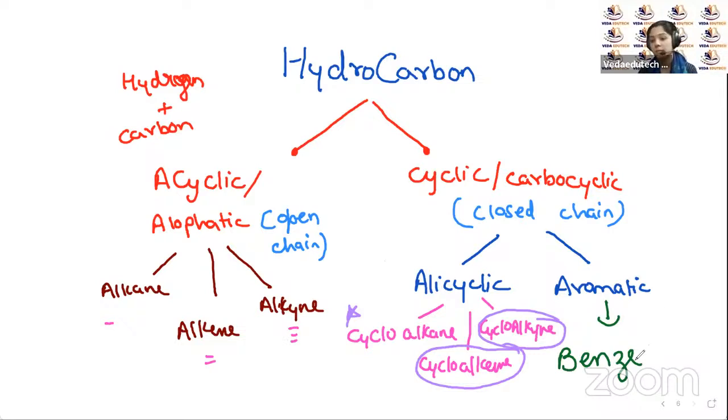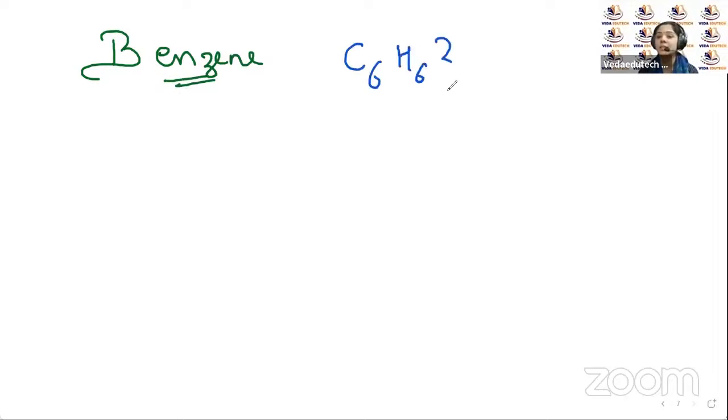When I'm talking about benzene, it's very, very simple. We just need to memorize a formula that is C6H6. That's it. Nothing else. If we learn this formula, C6H6, benzene is done.